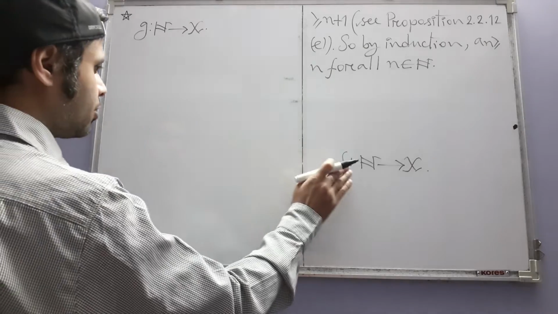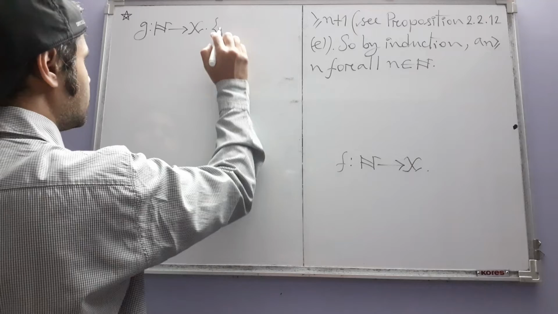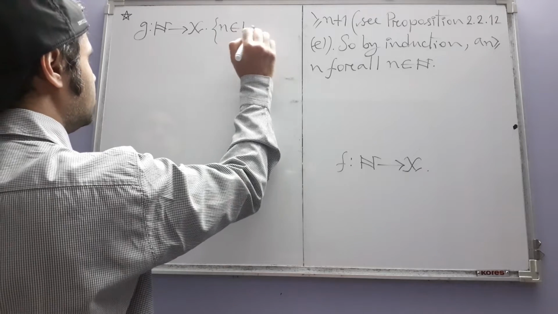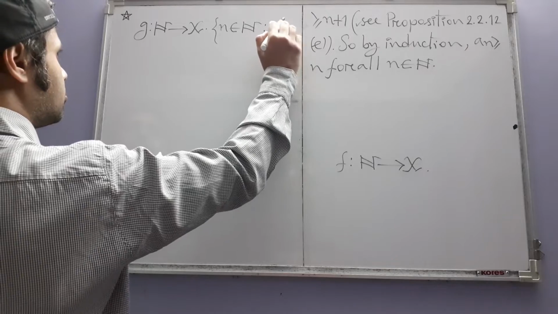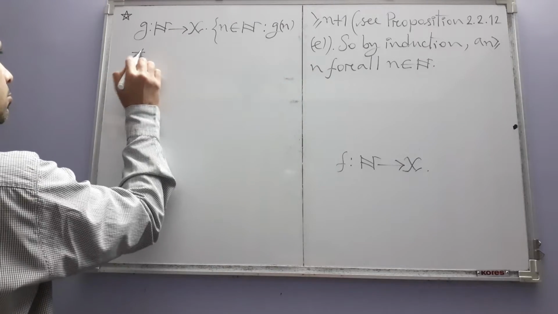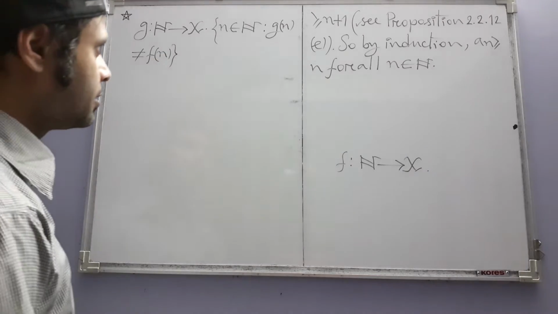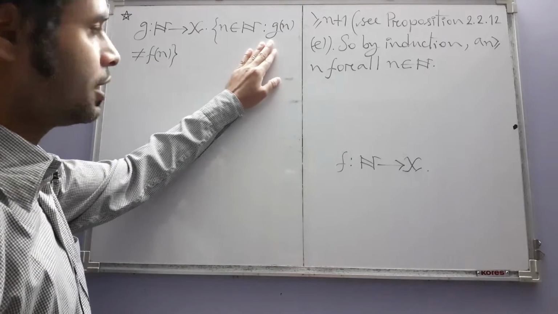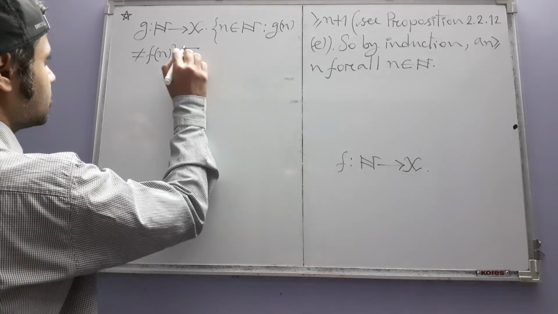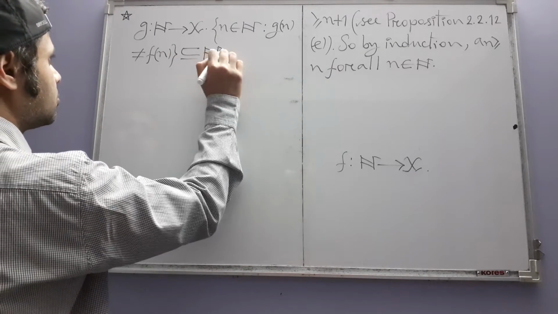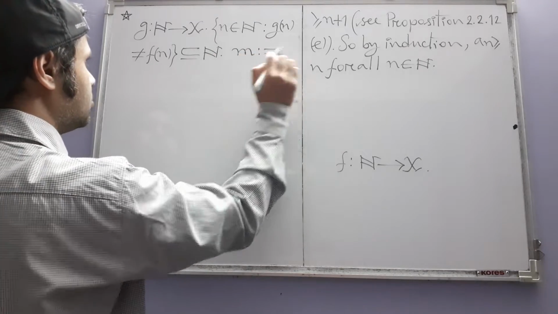Then, because f and g are different functions, this set will be a non-empty set. Because f and g will differ at least at one input, so the set of such inputs is this set. It's a non-empty subset of the set of natural numbers. So it will have a minimum m.